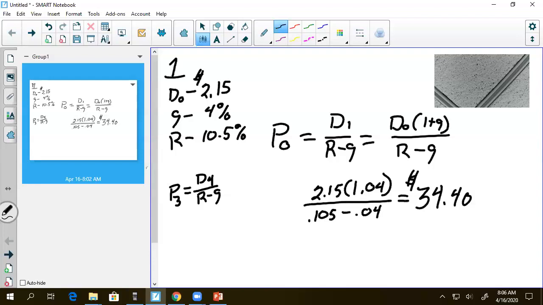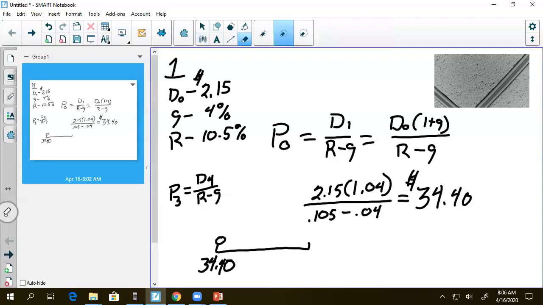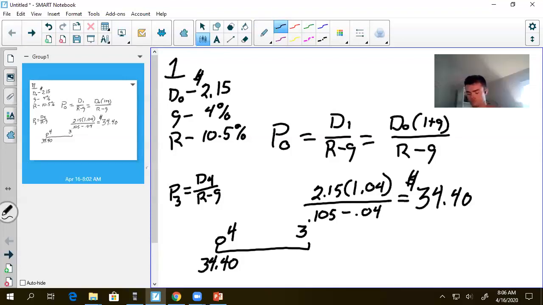I would use what I have for time value of money. I know the current price is $34.40. It's going to grow at 4%, and I would calculate it out 3 years from now. So what's the price 3 years from now? $38.70. Yes.